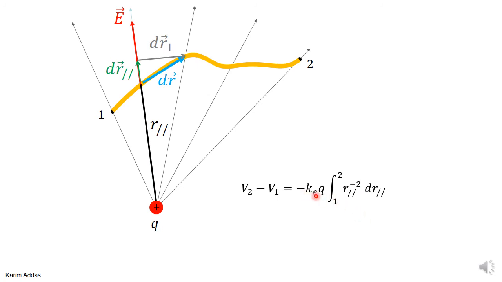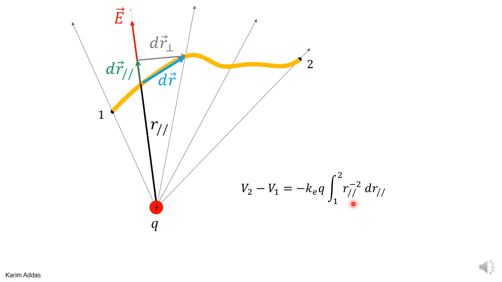Of course, the kq go outside the integration, and you're then integrating r parallel to the minus 2 dr parallel. The way we call this variable doesn't make a difference. If you call this dr or dr parallel, it doesn't matter. When you're doing the integration, the naming that you use for the variable doesn't make a difference. So this is like doing any kind of regular integration of a variable.